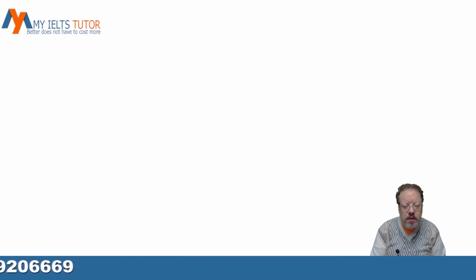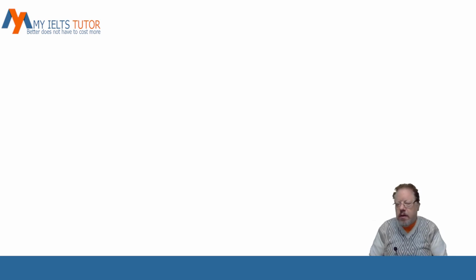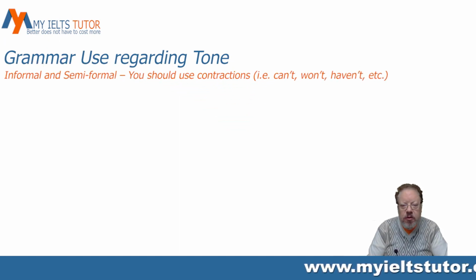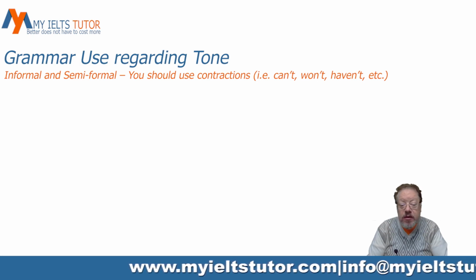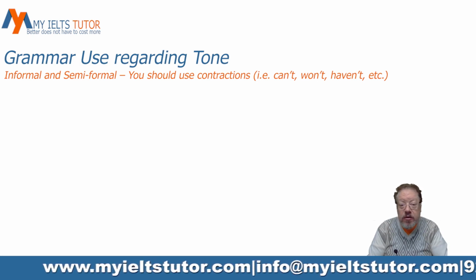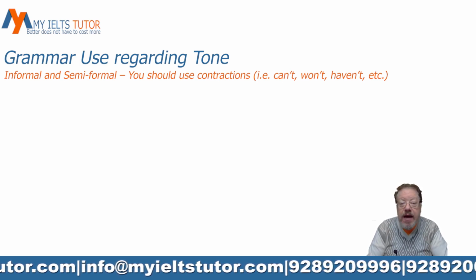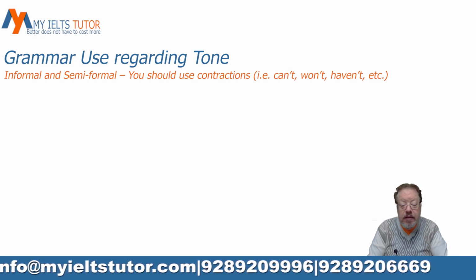Now, one thing we have to consider for tone is grammar. Informal and semi-formal tone, you can use contractions. It's okay to use contractions such as I can't, she won't, we haven't, and things like that.